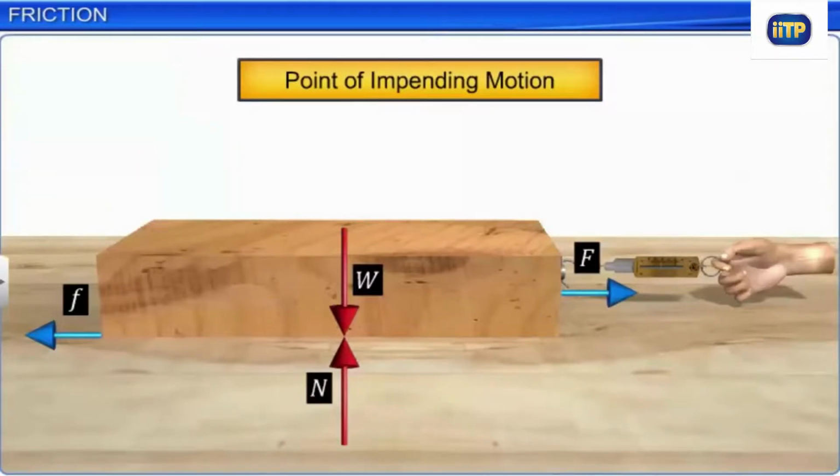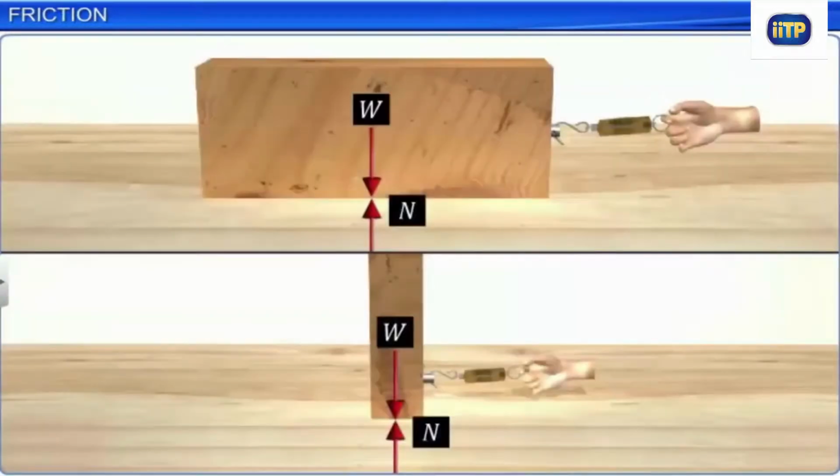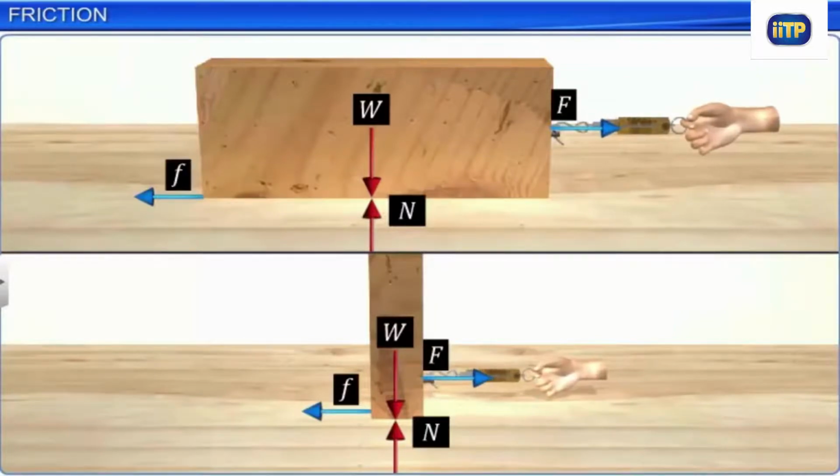We can repeat the experiment by placing the wooden block in different positions, such that different surfaces are in contact with the tabletop. We will find that the limiting frictional force is the same in all cases.